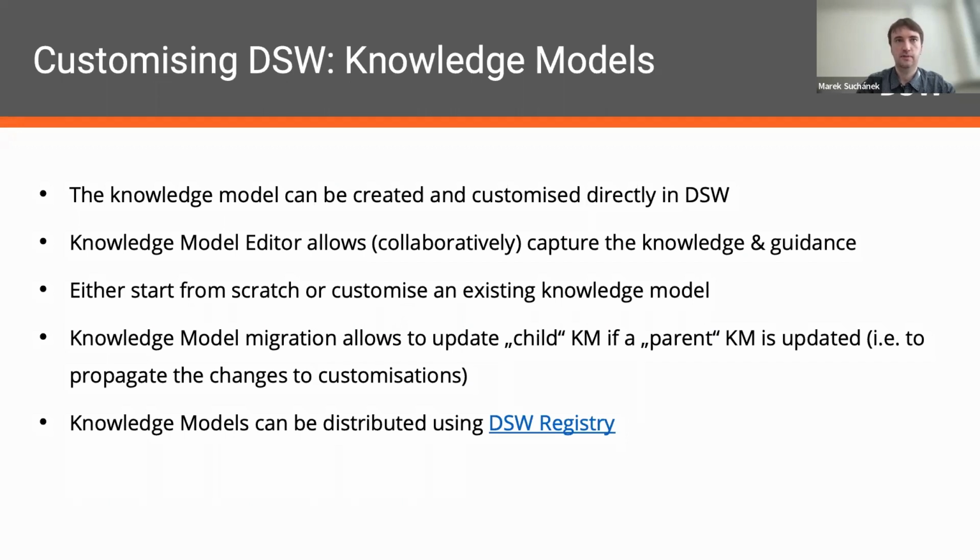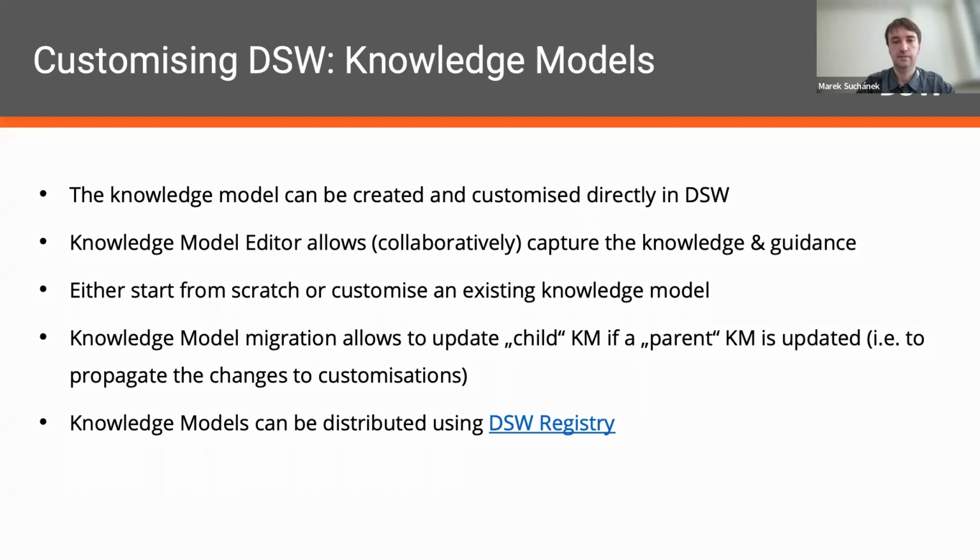So the knowledge models. There is something called the knowledge model editor, which is available to users with the role of data steward and administrator. And these users can collaboratively work on capturing the knowledge and guidance. Basically, they have the editor and they change the text that you saw for the question, for example, add some options, delete some options, etc. There is some versioning model behind these knowledge models.